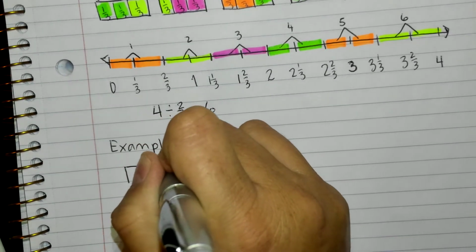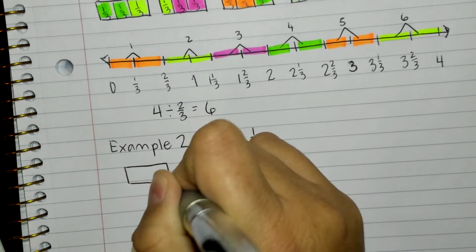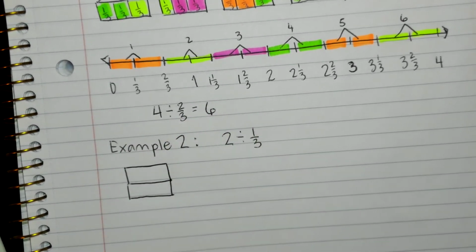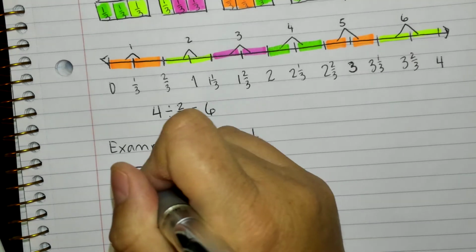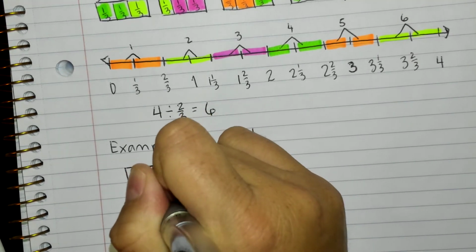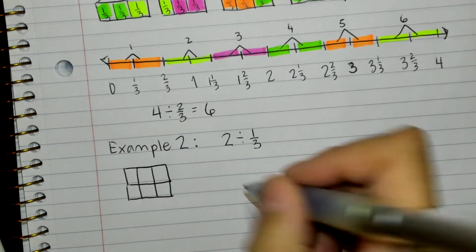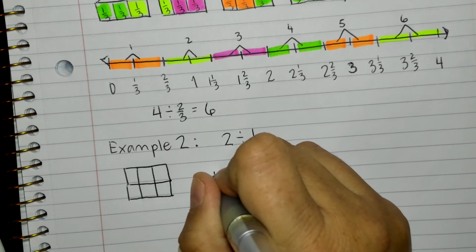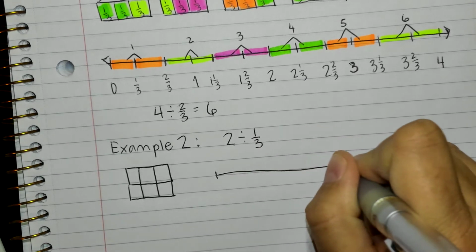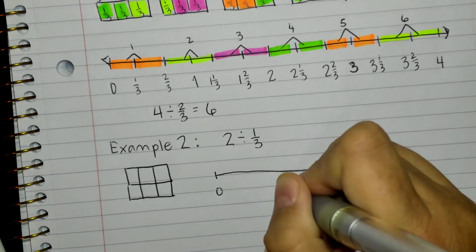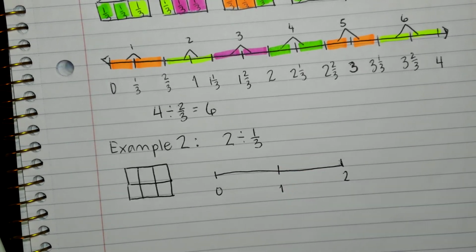So for this bar model, I'm just going to stack them on top of each other like that. And then it makes it a little bit easier for me to draw my thirds. I just run the lines down. But I'm also going to make a quick number line with 0, 1, and 2.